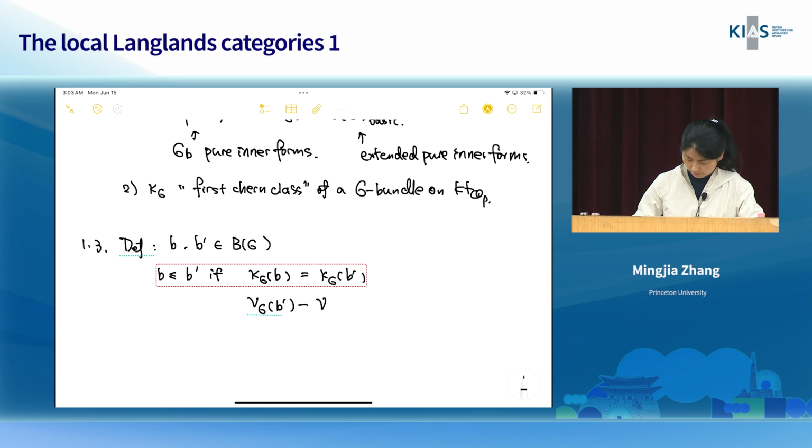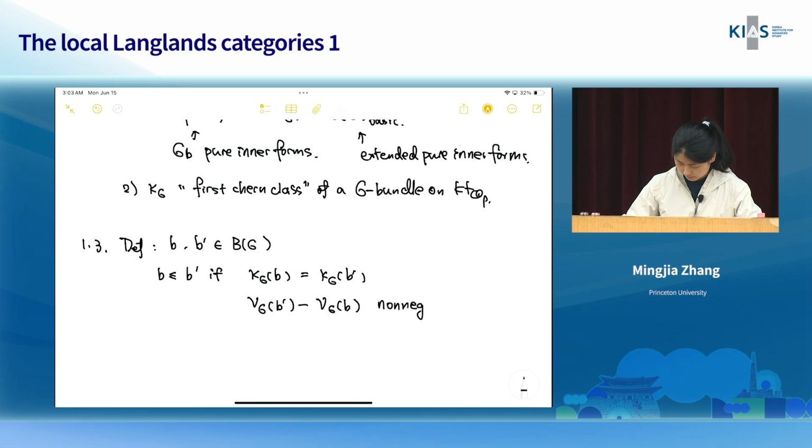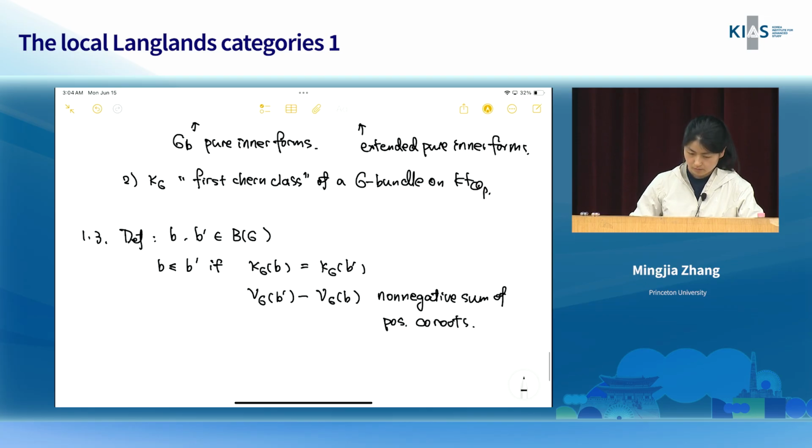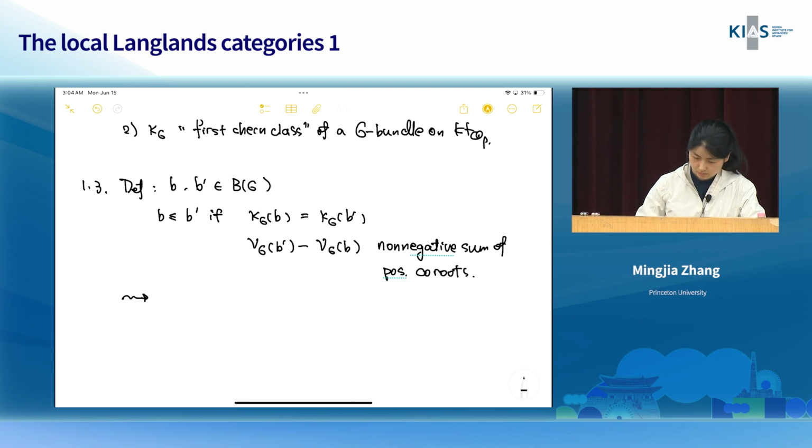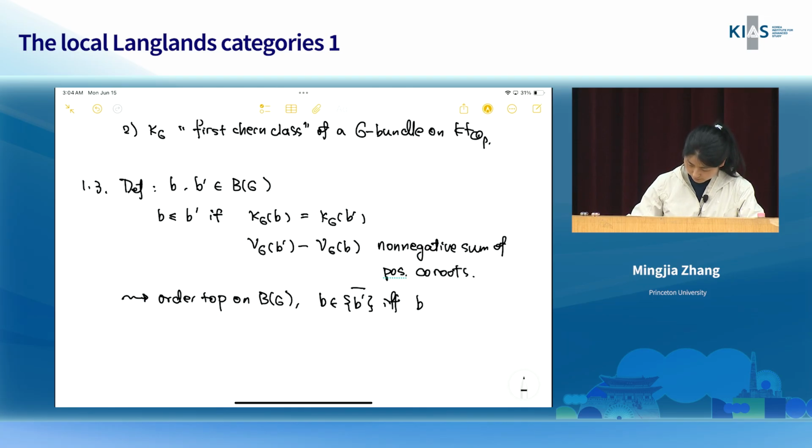Namely, the difference between the two is a sum of positive co-roots with non-negative coefficients. This defines a partial ordering, and it has an attached order topology, where the convention is that b lies in the closure of b prime if b is less than or equal to b prime in this partial ordering.